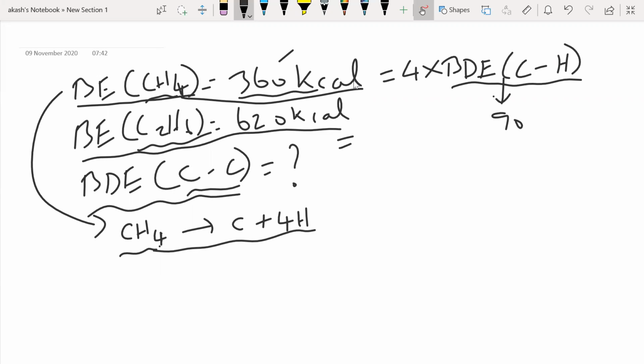So now you have two types of bonds here. What are the types of bonds? Carbon, carbon, hydrogen. Yes, that's it. CC single bond and CH single bond. Correct. Now tell me, how will I write it in terms of bond dissociation energies?